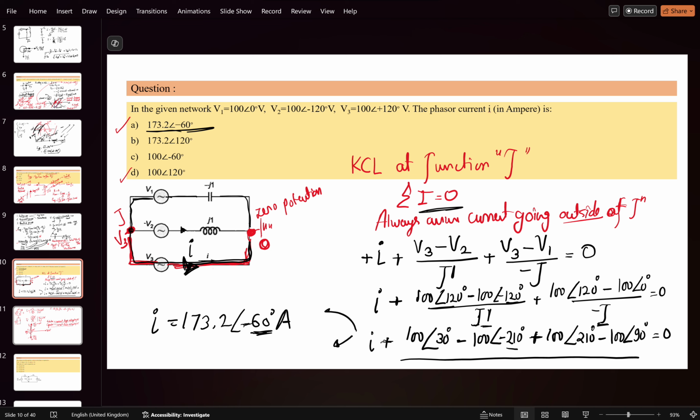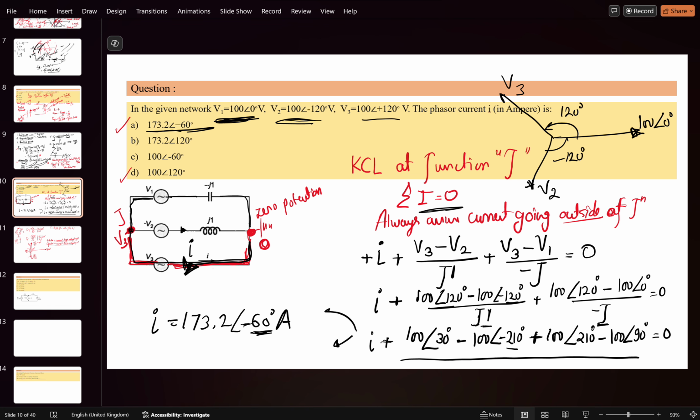V1 was the reference, so when you draw the phasors, 100 is taken as reference and V2 is lagging by 120 degree, so V2 comes here. V3 is leading in the anti-clockwise direction by 120 degree. This is a balanced voltage source. Got the point?